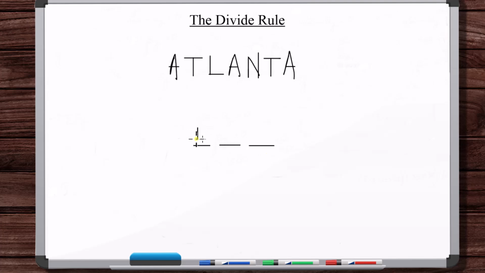So, L, N, T, that would be one arrangement, but then we could arrange these 3 factorial different ways. So this would be like 6 arrangements, but then you could bring in an A instead of the N. This would be 6 more different arrangements, but you could bring in another A here. All right, but now we don't want to count rearranging the A's. So how would you apply the divide rule here?